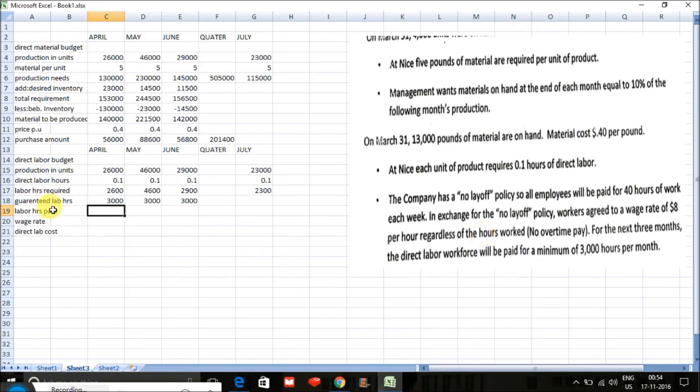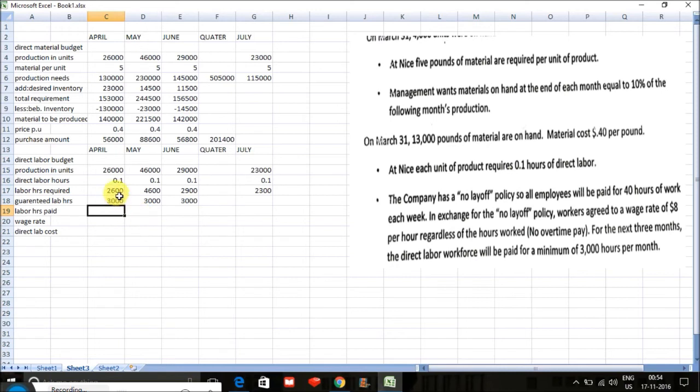Now, the next column is labor hours paid. We should compare the guaranteed labor hours with the labor hours required. If the labor hours required is less than the guaranteed labor hours, we pay the guaranteed labor hours. But if the labor hours required is more than the guaranteed labor hours, then we have to pay the incremental labor hours required also.